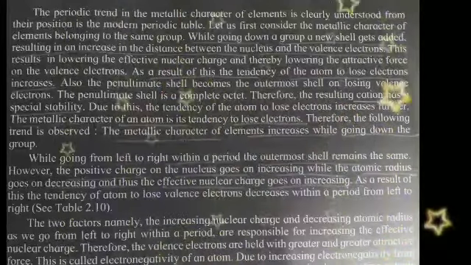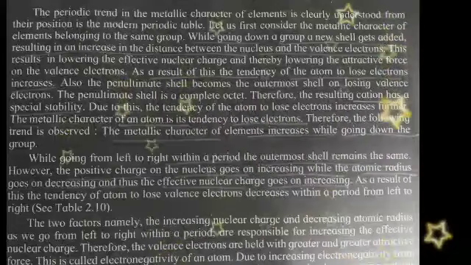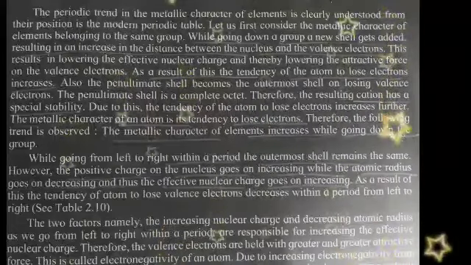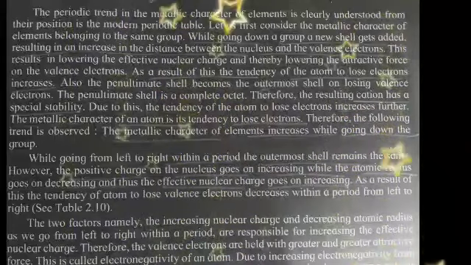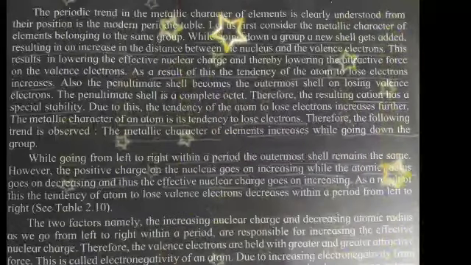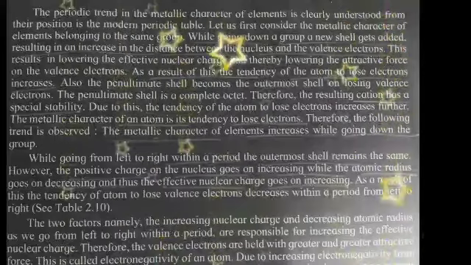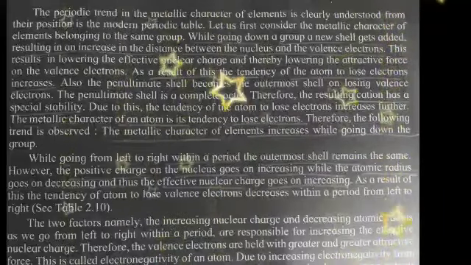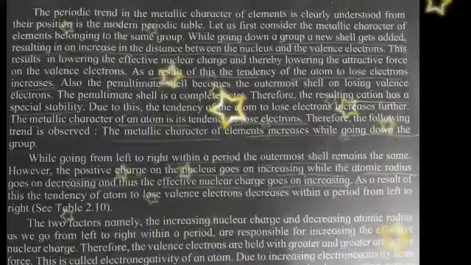As a result, the tendency of the atom to lose electrons increases. Also, the penultimate shell becomes the outermost shell on losing the valence electrons, and since the shell is a complete octet, the resulting cation has special stability. Therefore, the following trend is observed. The metallic character of elements increases while going down the group.